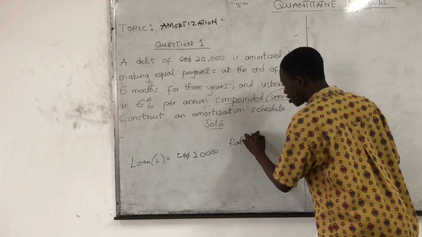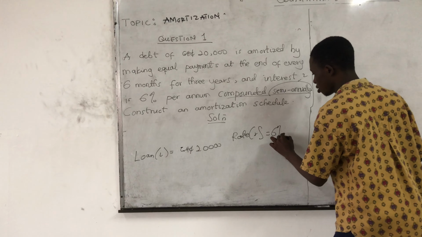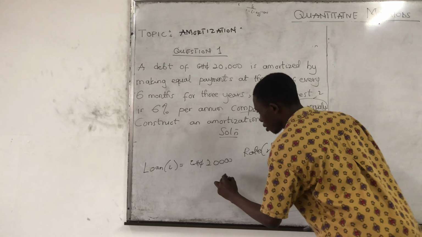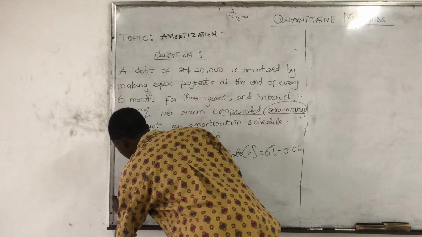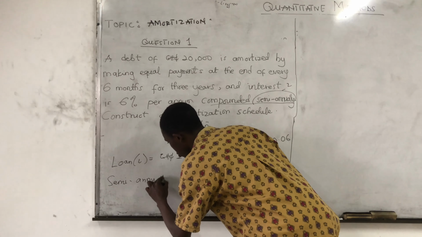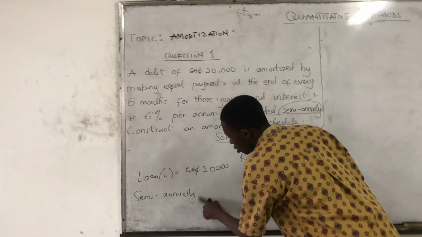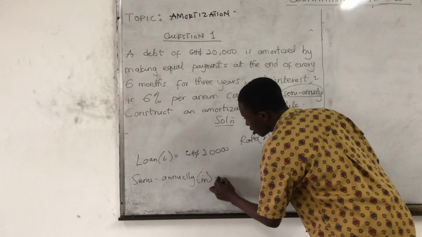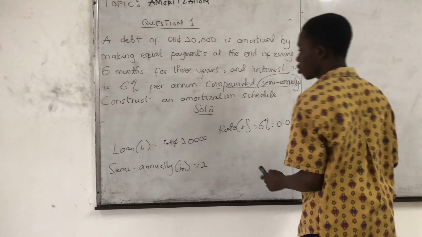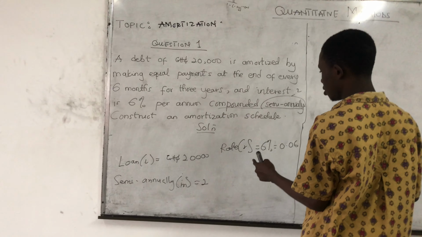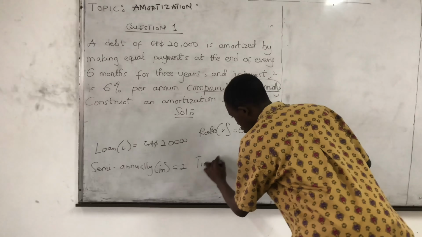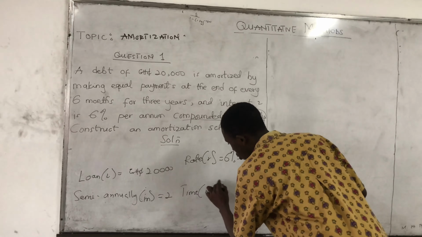So now, we have our rate, the R, to be 6%, which is 0.06. We have compounding interest semi-annually, which is 2. Now what is the N or the T?